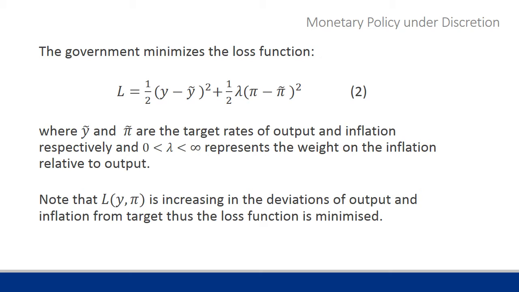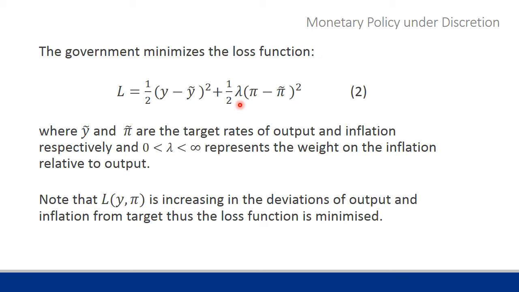Now the government minimises a loss function, which is that the loss to society, L, is equal to half the output gap squared, the output gap being the difference between output and target rate of output, plus half of lambda times the inflation gap squared, where the inflation gap is the difference between actual inflation and target inflation.